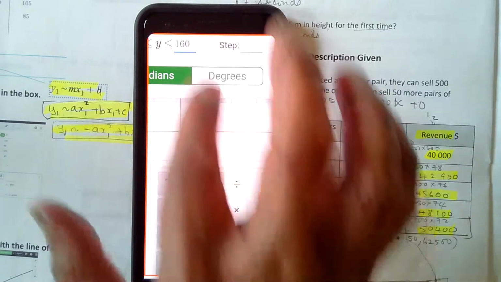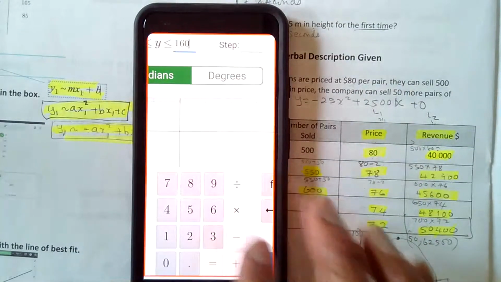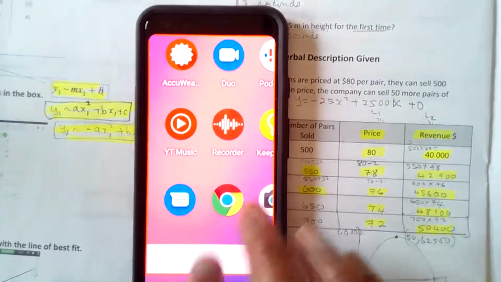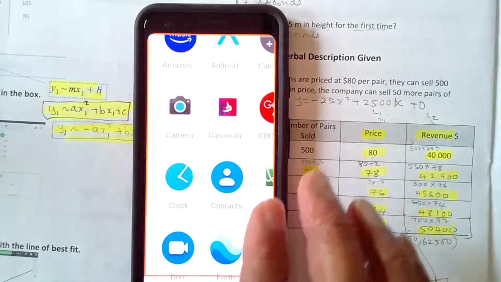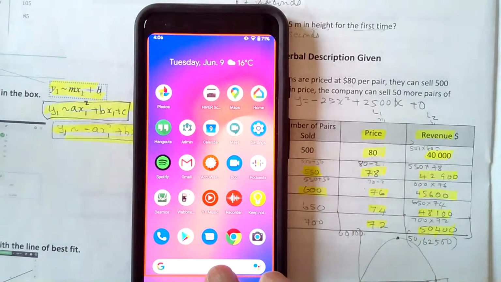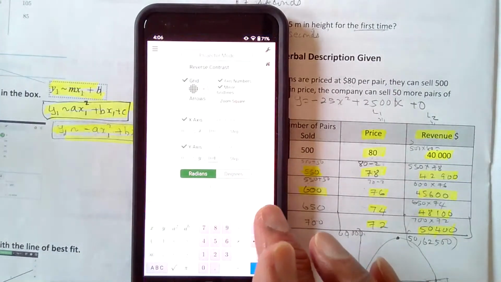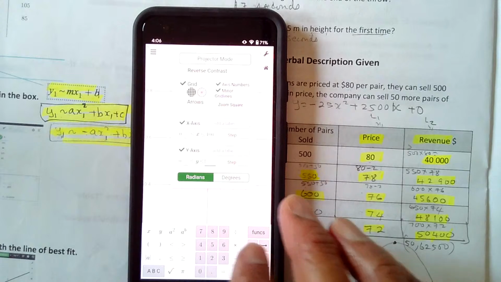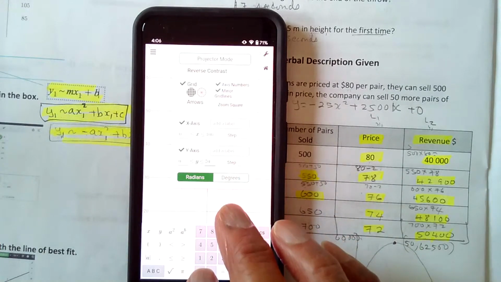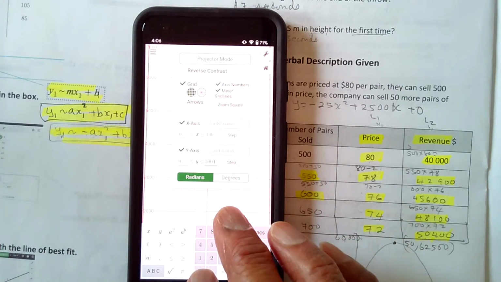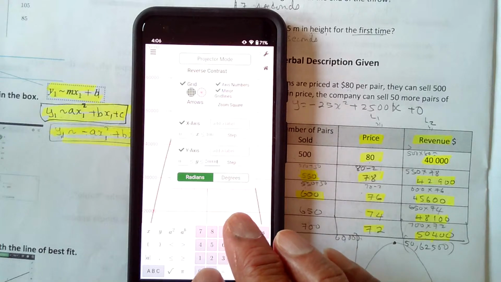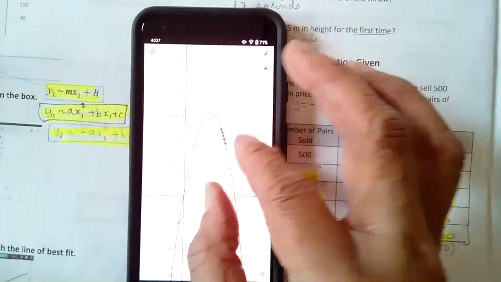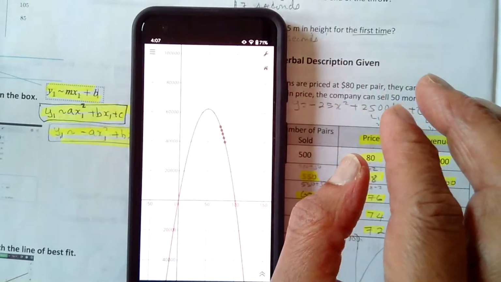Let's clear that. I may have to restart. Okay, make that maybe 70,000. Now I can see my graph, so you may have to adjust your window settings.